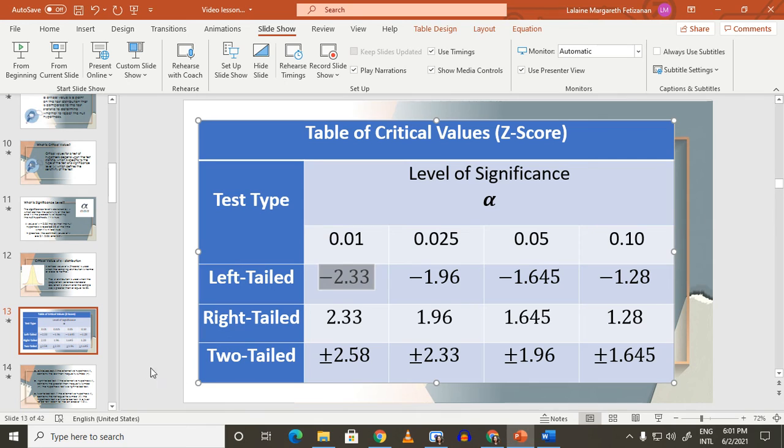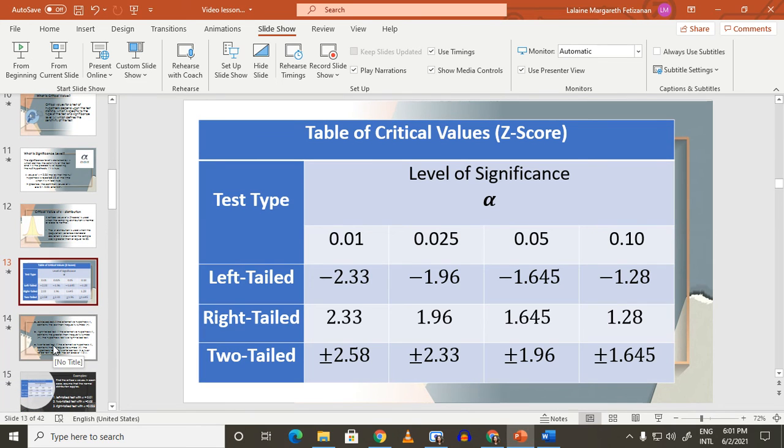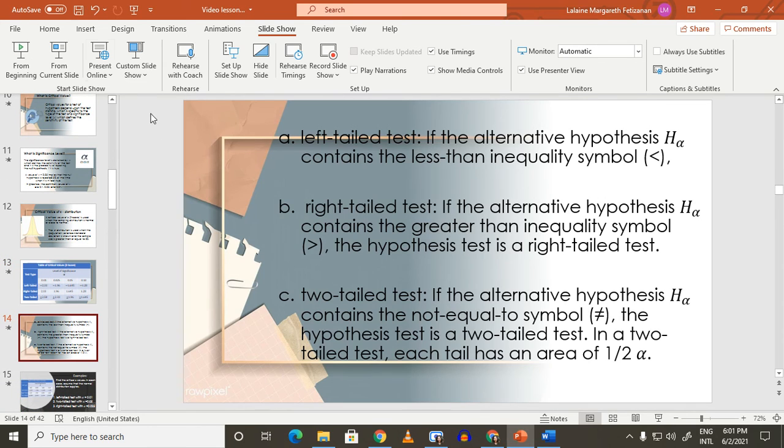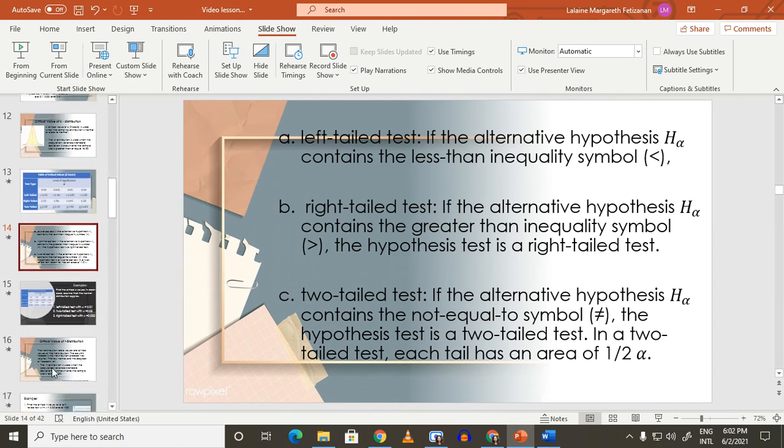So, ganun lang yung rejection region. So, tandaan ha, sa left tail test, less than symbol ang ginagamit sa alternative hypothesis. Greater than sa alternative hypothesis kapag right tail. Two-tail test naman, not equal ang ginagamit na symbol sa alternative hypothesis.